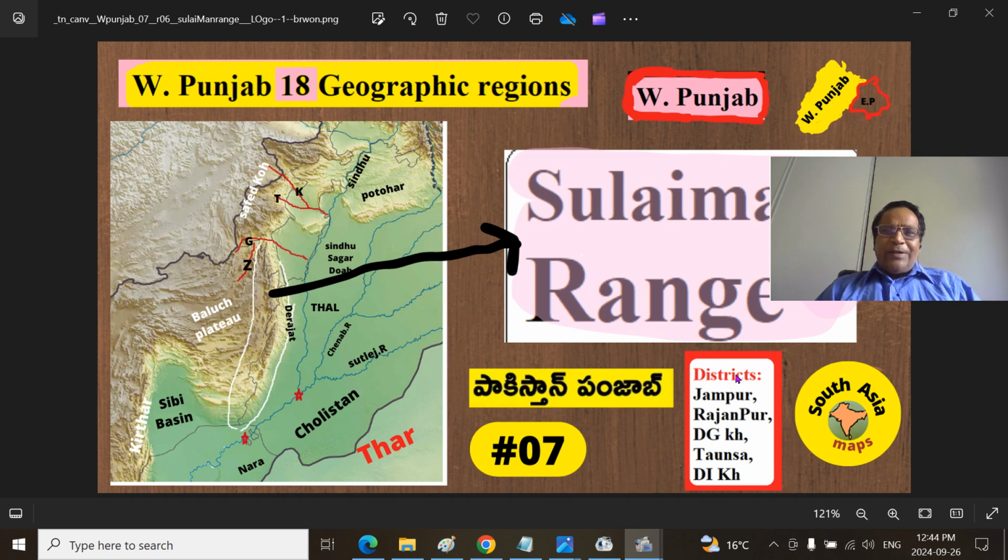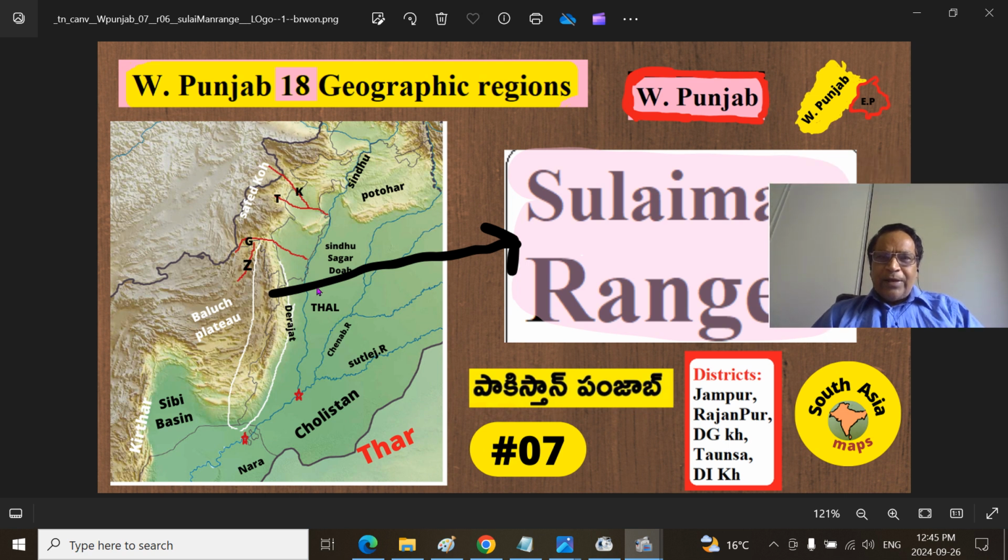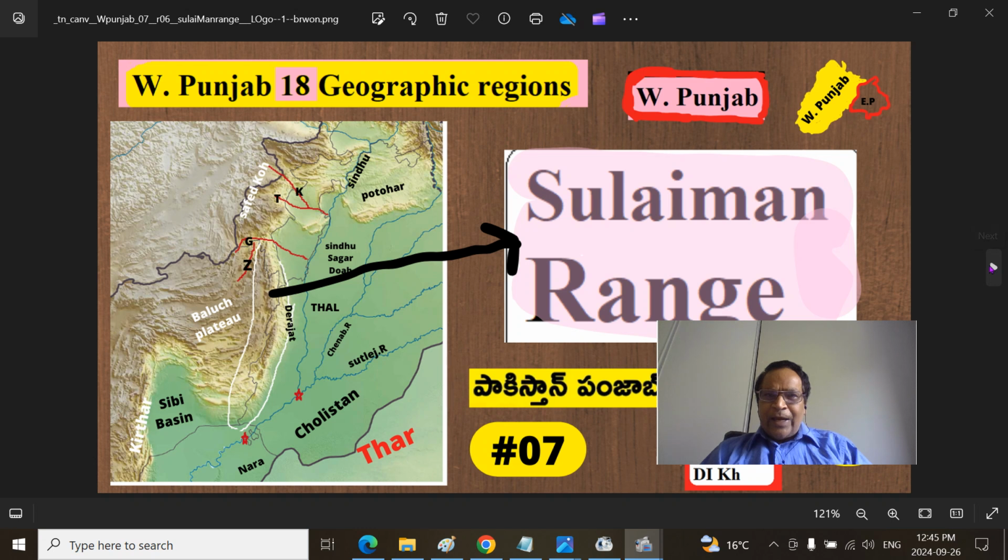Previously, there used to be fewer districts. Now we have the districts of Jampur, Rajanpur, Rojan, Dera Ghazi Khan, and Taunsa. I have put the Ismail Khan district, which is actually part of the Khyber province today, but historically, we are talking about the physiographic regions, so I put it for completeness.